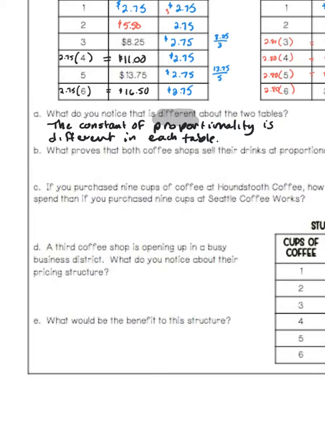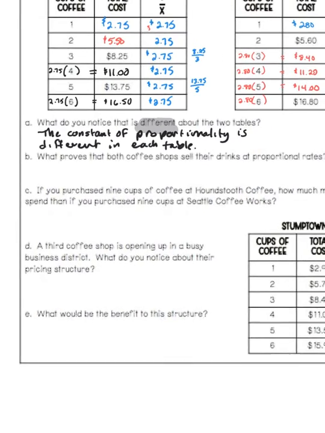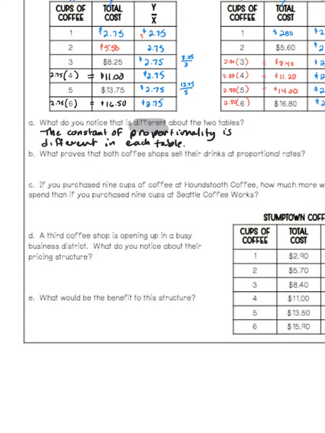The next question asks, what proves that both coffee shops sell their drinks at a proportional rate? Again, that word proportional is important. So once again, if we look at this, what proves that they are proportional is they have a constant of proportionality, a constant rate that they're changing by.